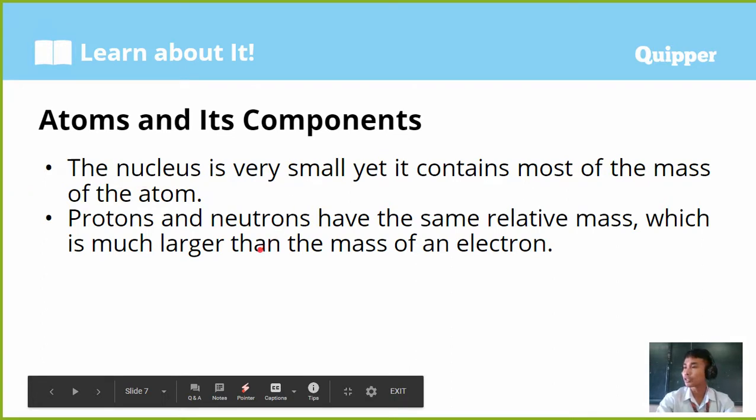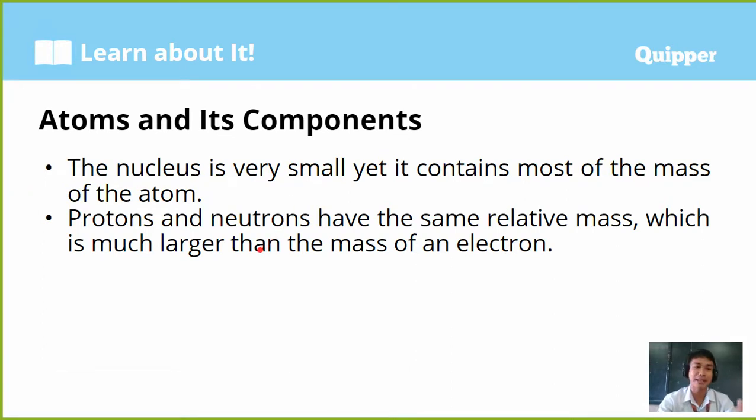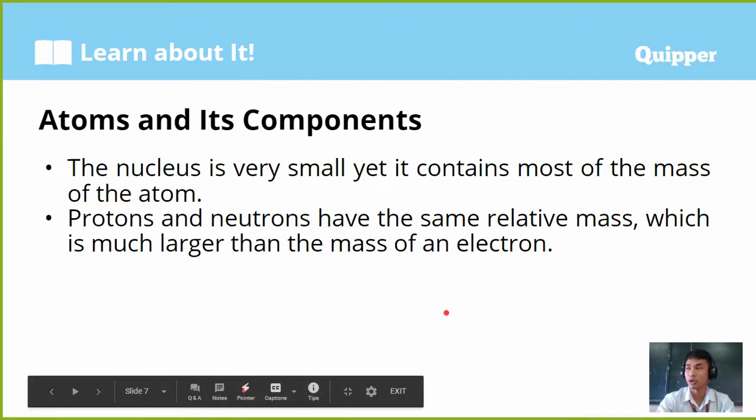Protons and neutrons have the same relative mass. For example, if the mass of a proton is 2, the neutron will be 2 also, which is much larger than the mass of an electron, because it's the combined mass of the proton and neutron in the nucleus. So much larger that the mass of an electron is almost negligible.